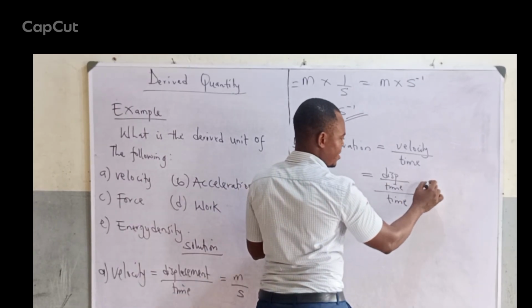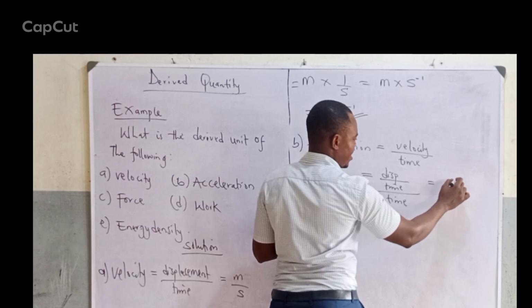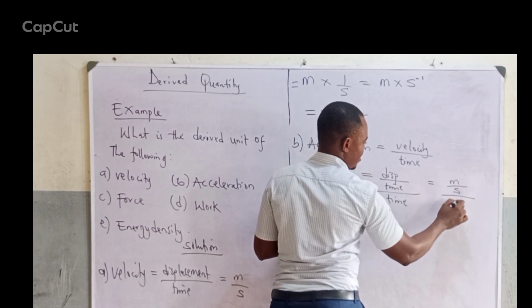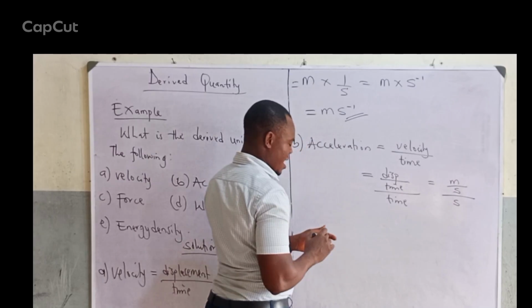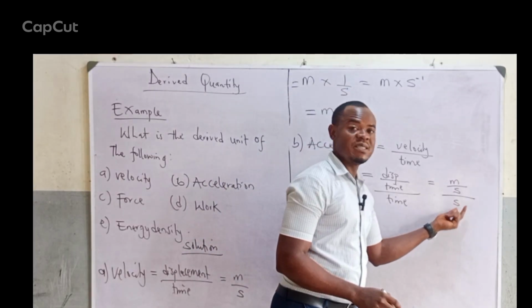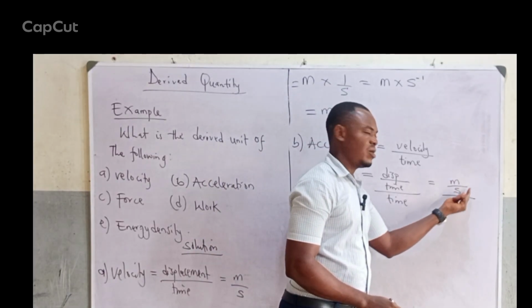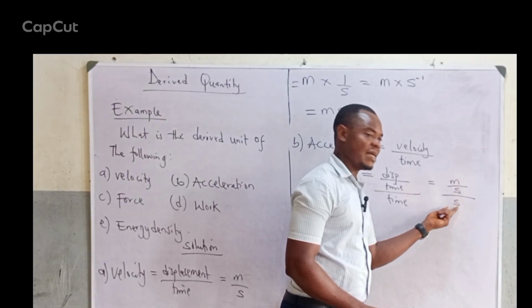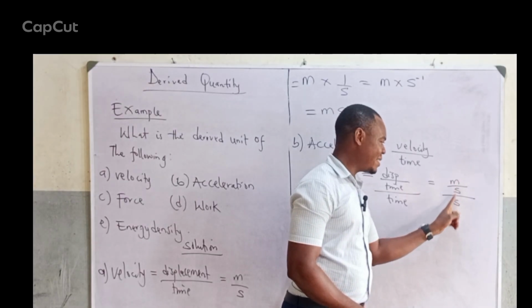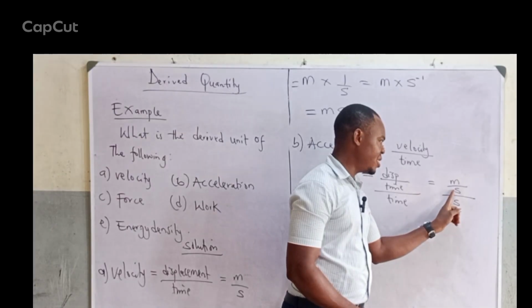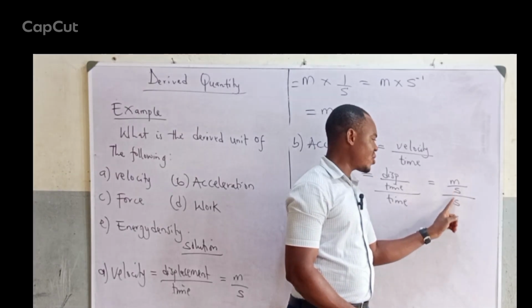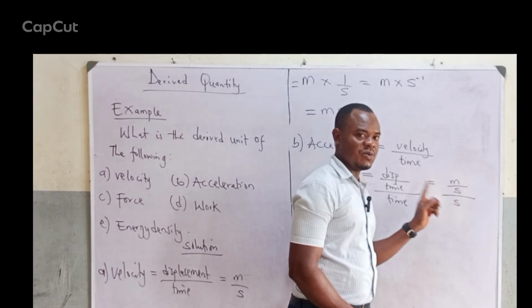Now, displacement is measured in meter, time in second. Each time, the one down is dividing the whole fraction of M over S, so we simply say S times S, the denominator times the denominator. But if it's not dividing the whole, we don't do it like that.